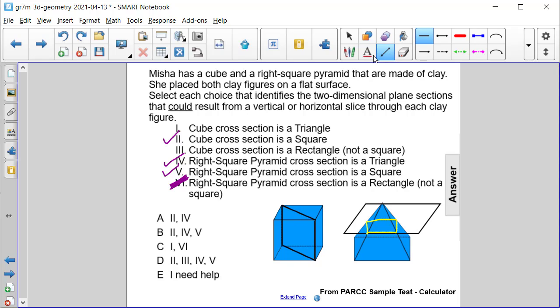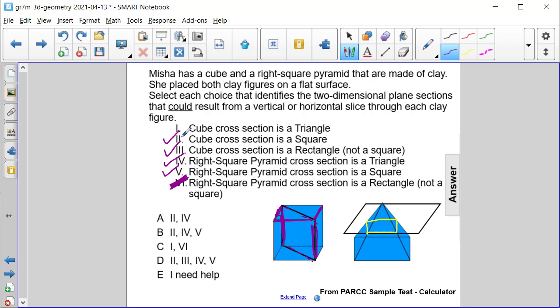Well, because we already know that this edge and this edge and this edge are the same and they're right angles, I know that this side across from the right angle will be longer in length. So it will not be the exact same length as these edges. So these two sides of the cross section will be the same, but the top and bottom will be different. So that means that you can have a cube cross section that is a rectangle and not a square.